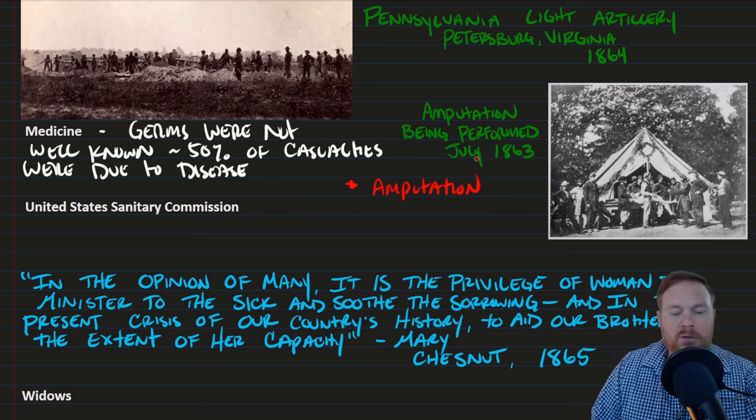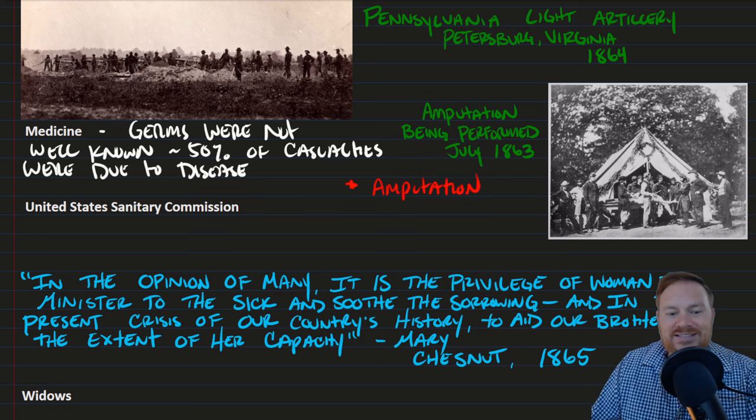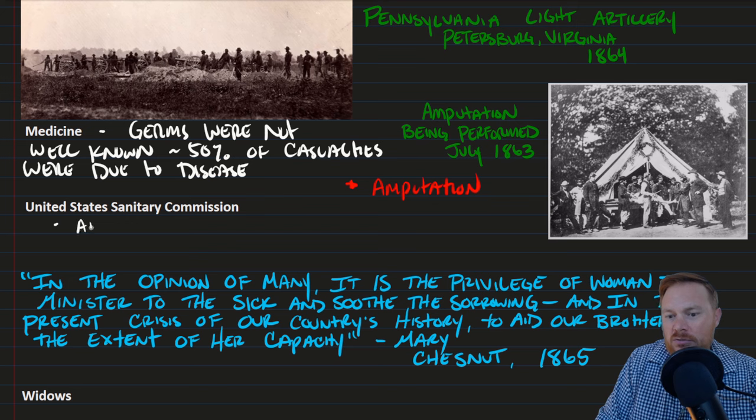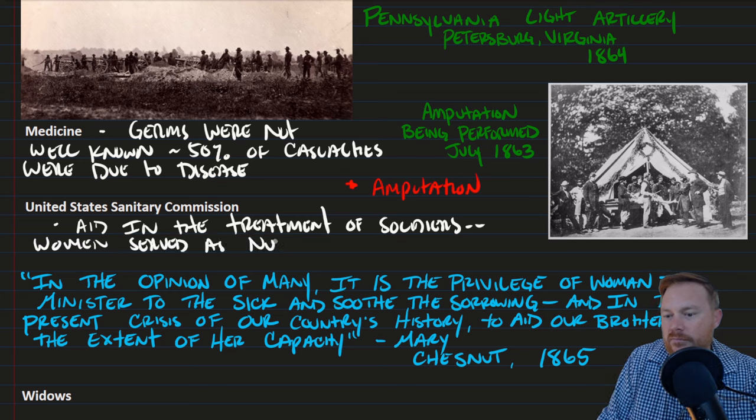Now, because both North and South needed to mobilize their population to fight this war effort, organizations like the United States Sanitary Commission were designed to aid in the treatment of soldiers. An important point that we had made earlier was that many women served as nurses.